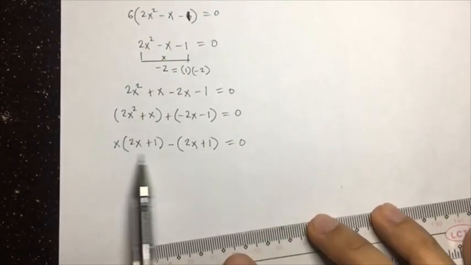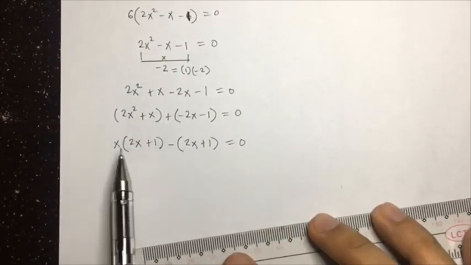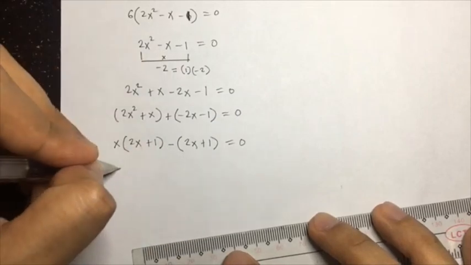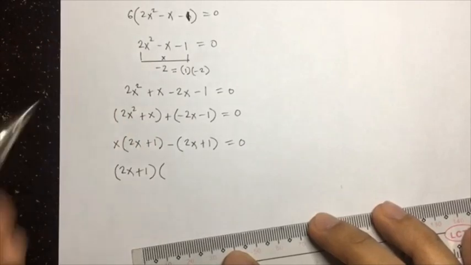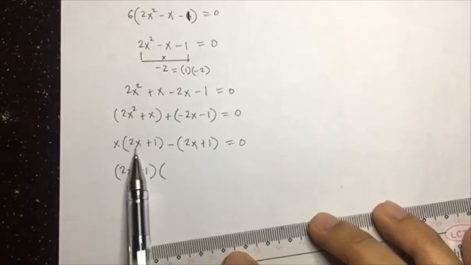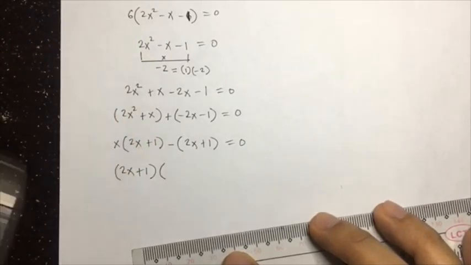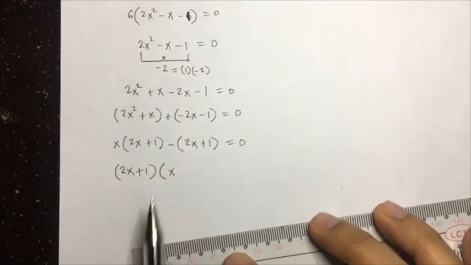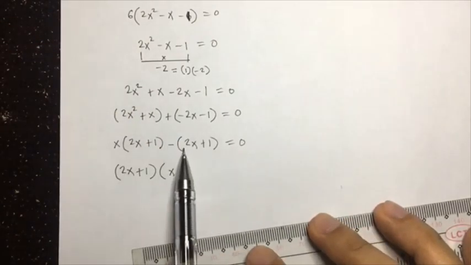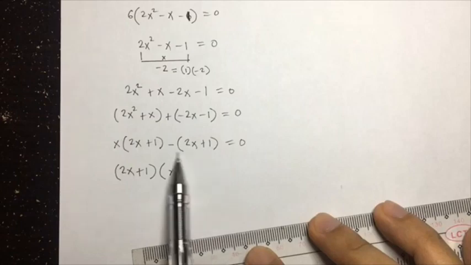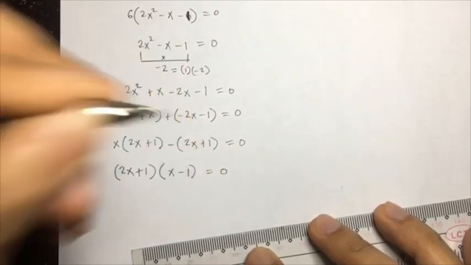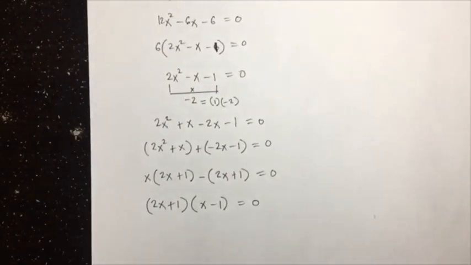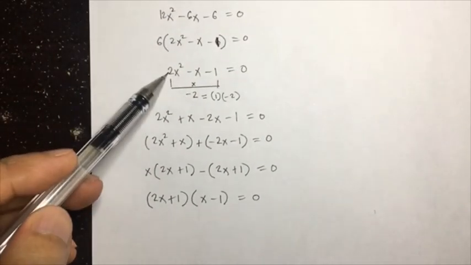Now we have a greatest common factor of 2x plus 1, and if you factor out 2x plus 1 from this, what will remain is x, and from the second group what will remain is minus 1, is equal to 0. So that is the complete factor of this.